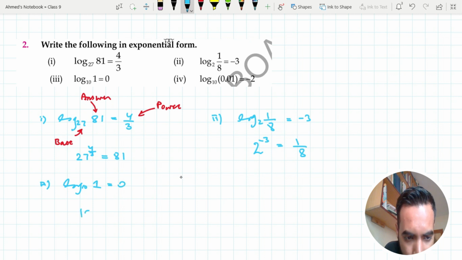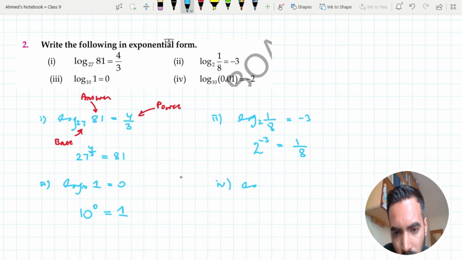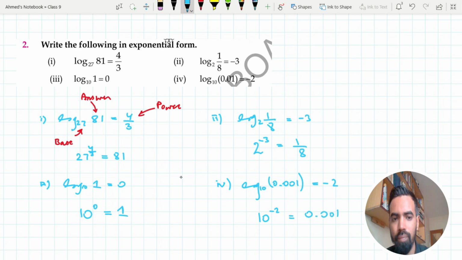So I'll write 10 to the power 0 equals 1. And then part 4, it is log 0.001 and the base is 10, equals minus 2. So 10 to the power minus 2 equals 0.001.